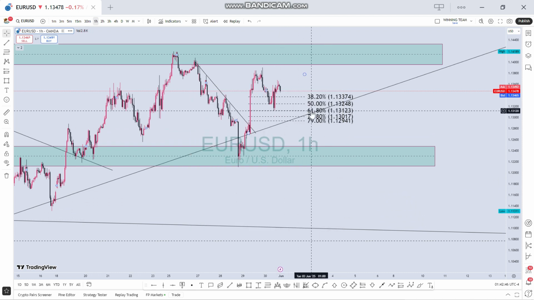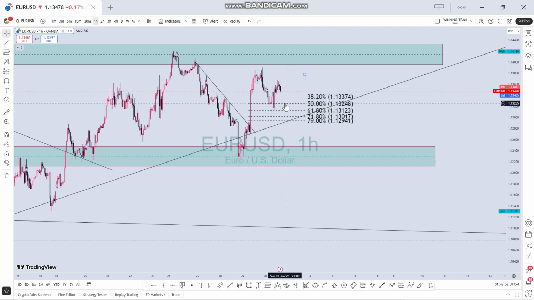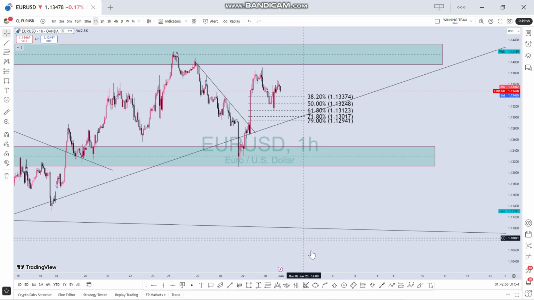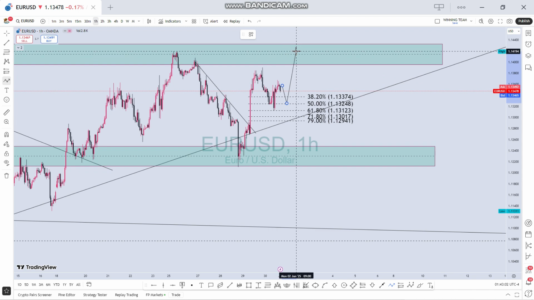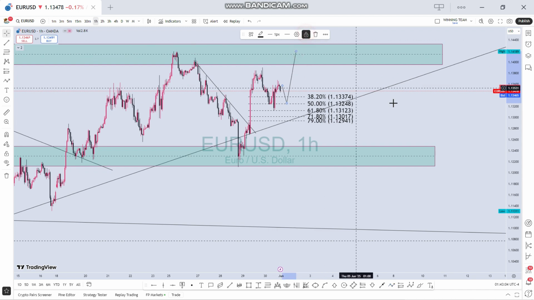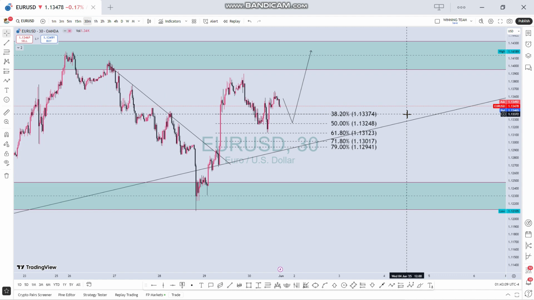As you can see, it did tap on our 61.8% of the Fibonacci retracement, which means that we might just see a bit of revisiting, maybe around 50% of the Fibonacci, and then a continuous move to the top. So what we might expect is just a tap here and then a continuous move, which is going to end up on the high there.